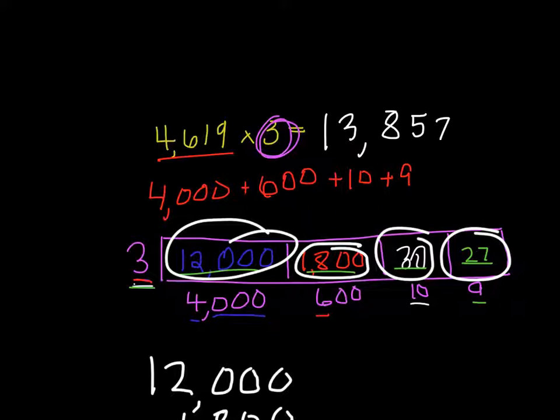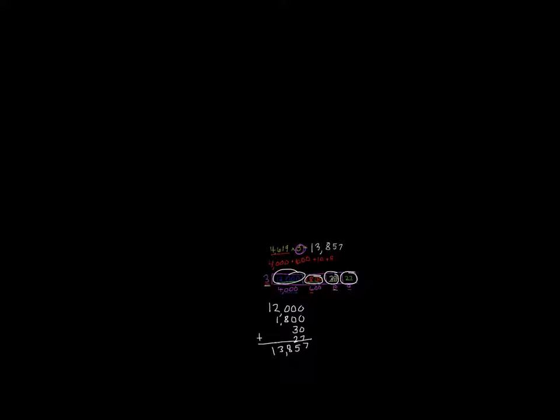Now, if you prefer using the distributive model that we showed the last time too, you can also use that method for this. Make that teeny tiny. Move it up here and I'll show you how it works. I'm going to take that same question, 4,619 times 3.